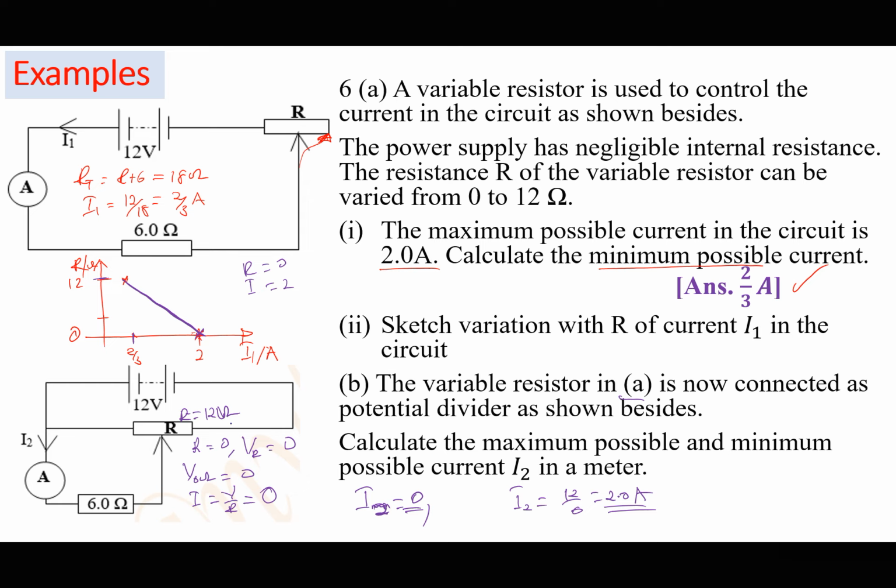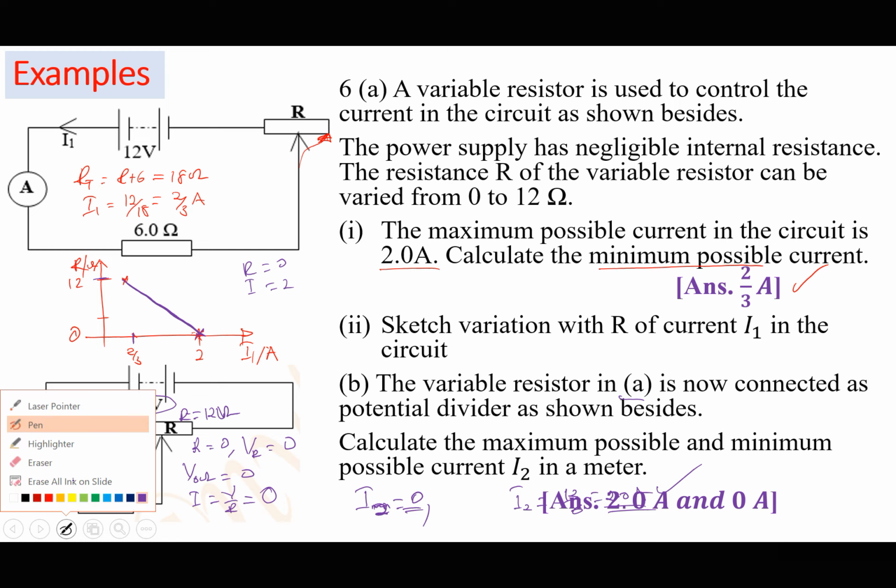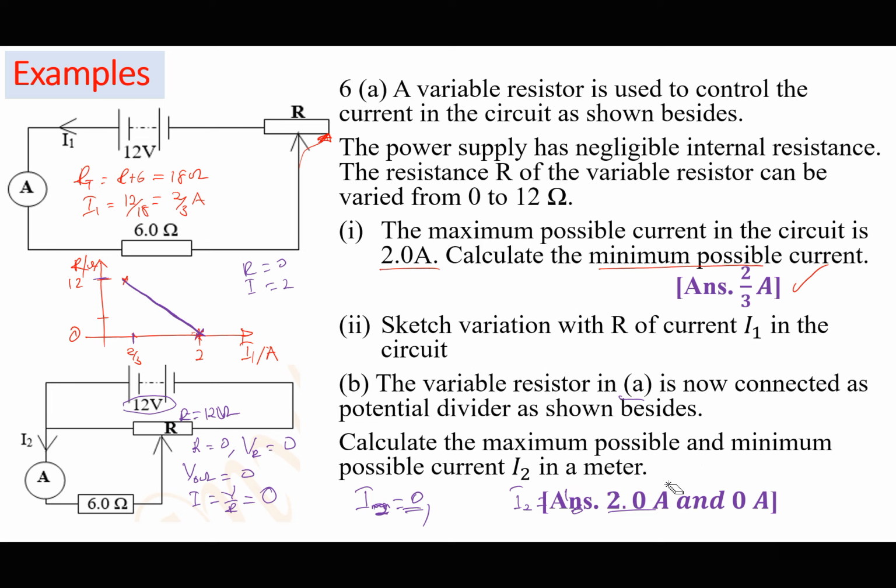So if R is 12 ohms, the PD across R is the 12 volts of the power supply, which is the same PD across 6 ohms. So the current I2 is the PD across 6 ohms divided by the resistance, which gives us 2 amperes. Okay. So the answers are 2 amperes and 0 amperes respectively.